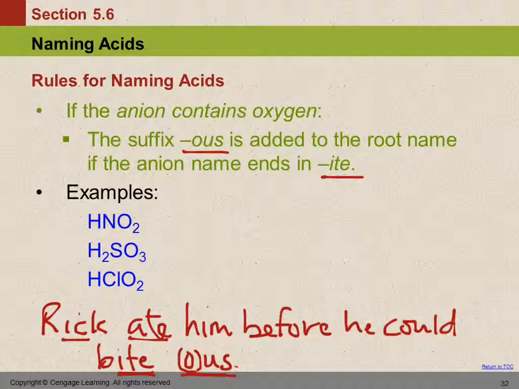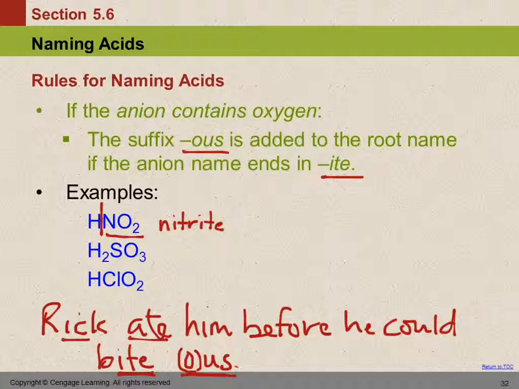So let's look at these guys. HNO2. Starts with an H, it's an acid, it's got oxygen in it. So then we're going to cut off the H and look at the name of the rest of it. We look that up on the chart, and it is nitrite. Nitrate was NO3.